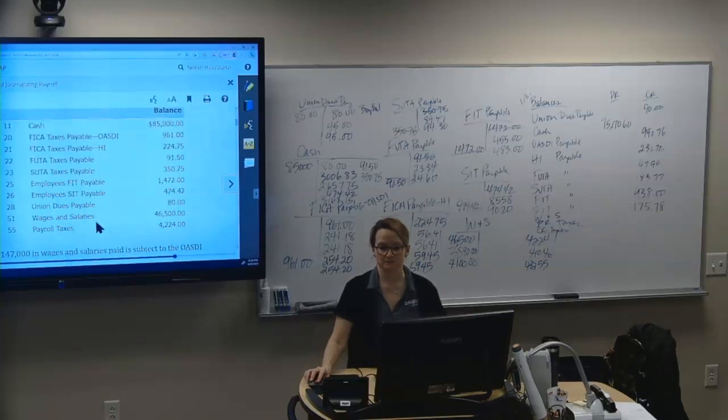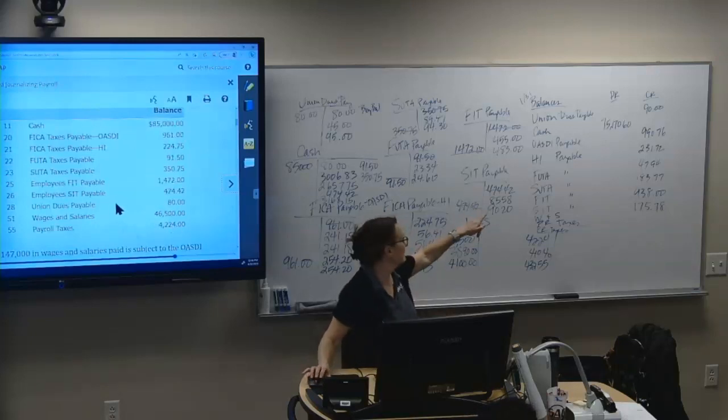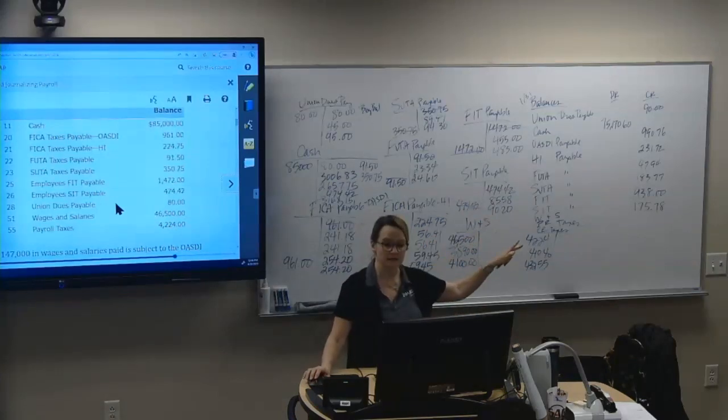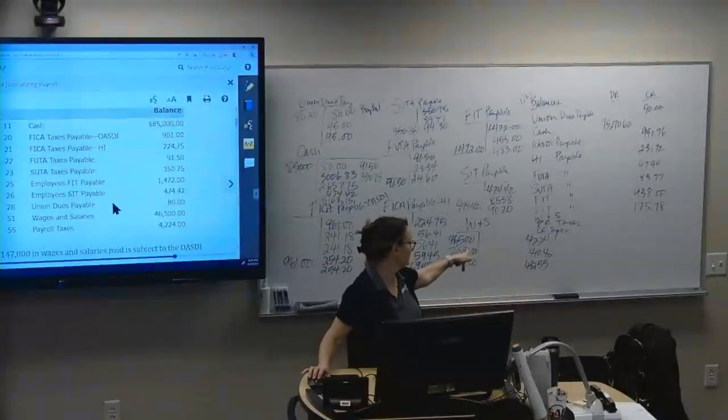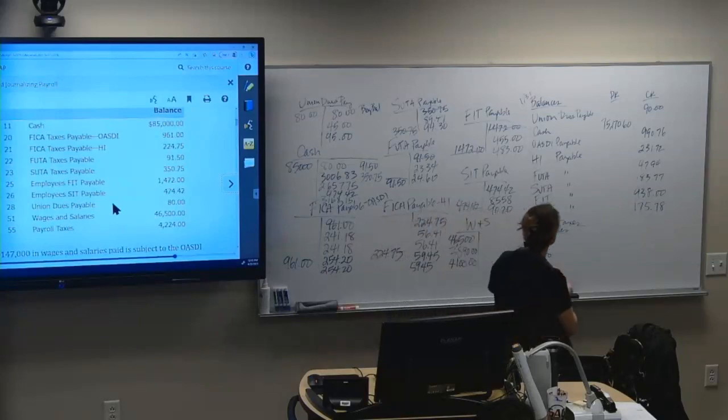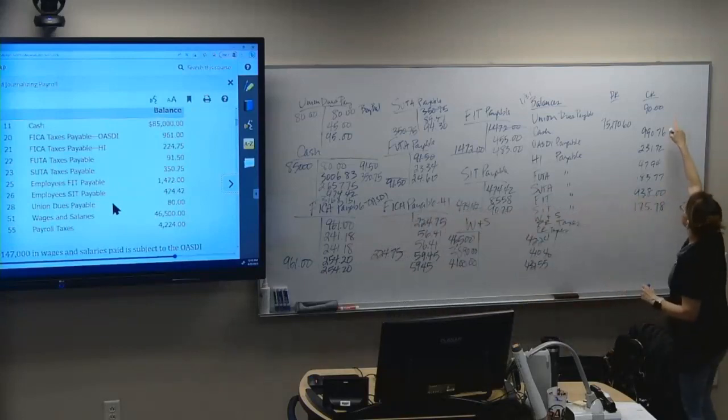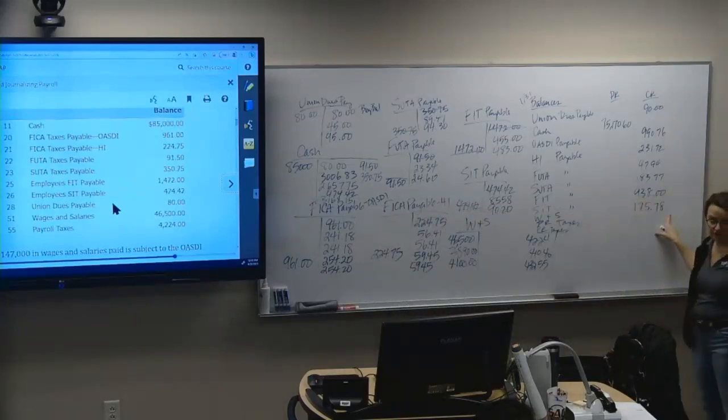Because the wages and salaries, if this is our expense account, those are going to be debits. But obviously we're not going to balance if we do that. But those are our ending balances at the end of January, with the exception of the payroll taxes and the wages and salaries. So all of these liabilities are amounts that as of January 31st we owe, right?